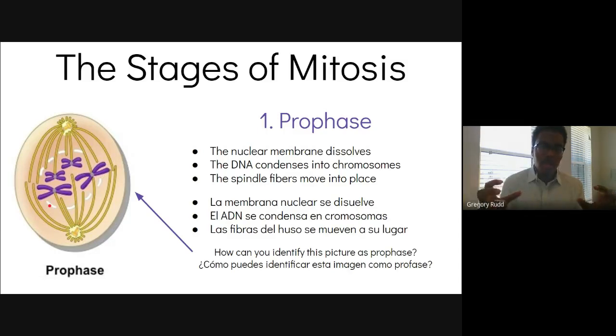The nuclear membrane is breaking apart. And that gives the spindle fibers access to the chromosomes. If the nuclear membrane was still intact, these spindle fibers would not have access to these chromosomes. They would be blocked by the nuclear membrane. But now that the nuclear membrane is dissolving, the spindle fibers can start to attach to the chromosomes.